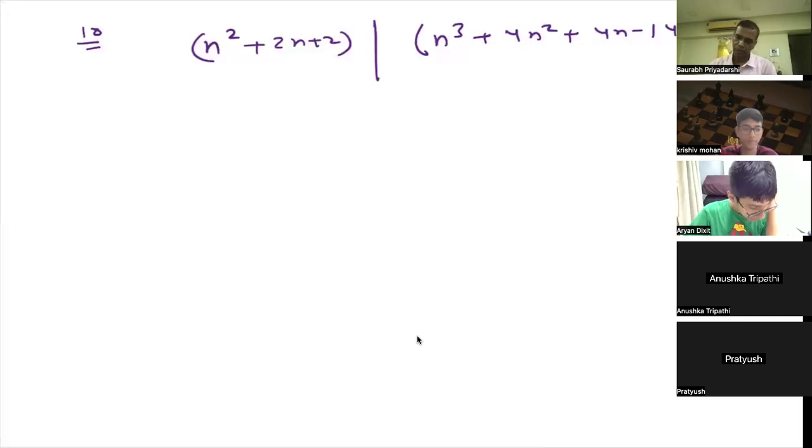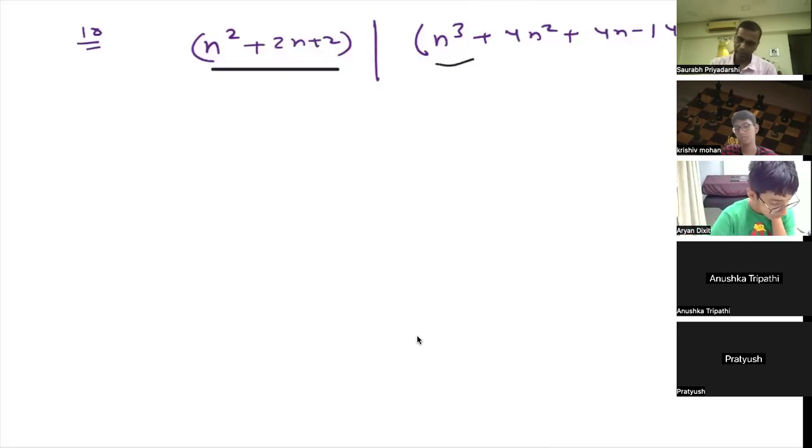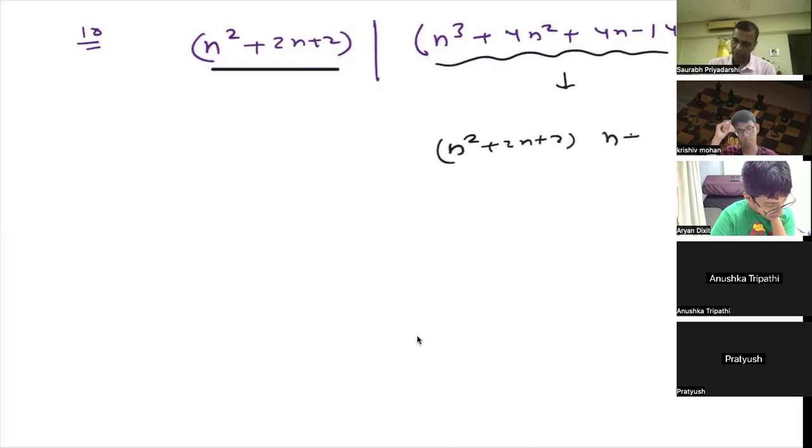So n square plus 2n plus 2 divides this. When I divide this by the method, directly I'm writing what I'm getting: n square plus 2n plus 2 into (n plus 2), plus minus 2n minus 18.